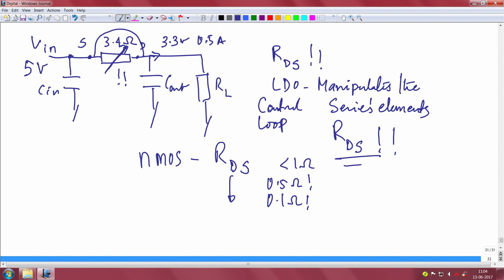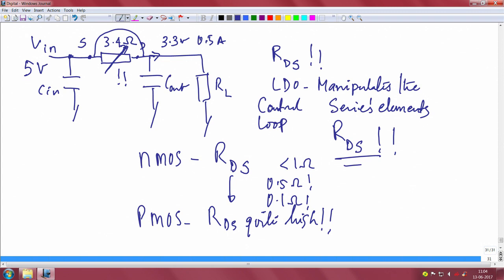So, compared to NMOS, PMOS or P channel MOSFET, RDS is quite high. That is all we are trying to say.